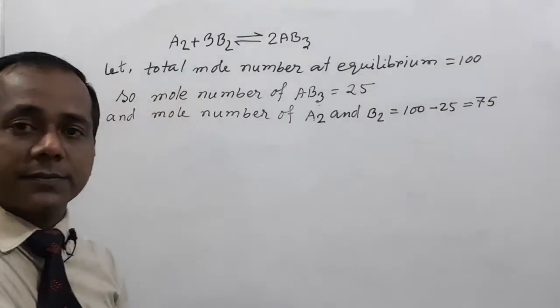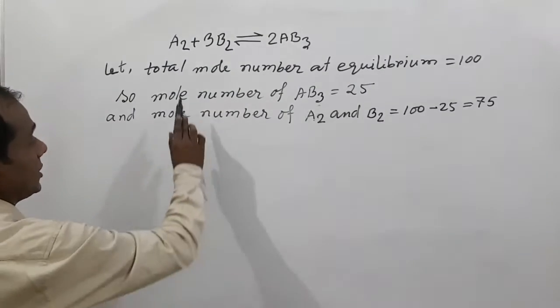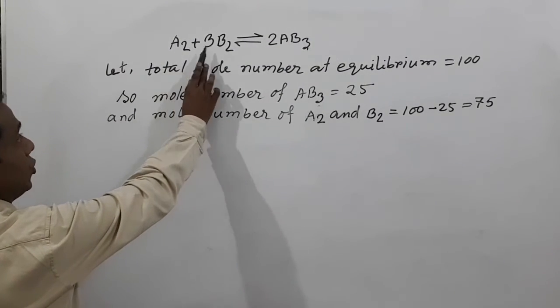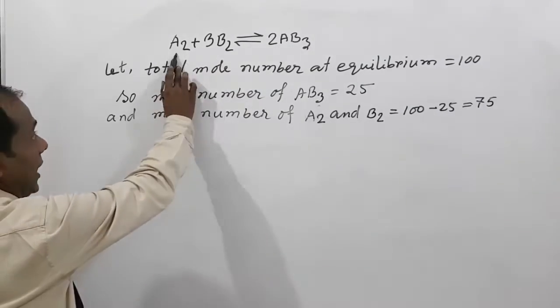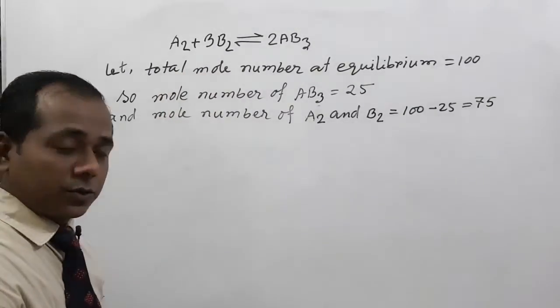My dear students, here we see that the reactant A2 and B2, that means the ratio of A2 and B2 is 1:3.